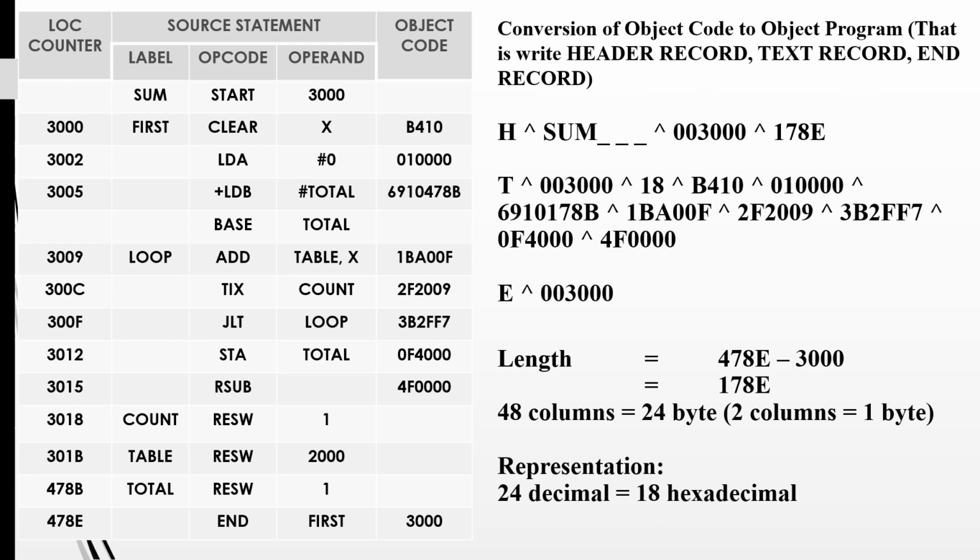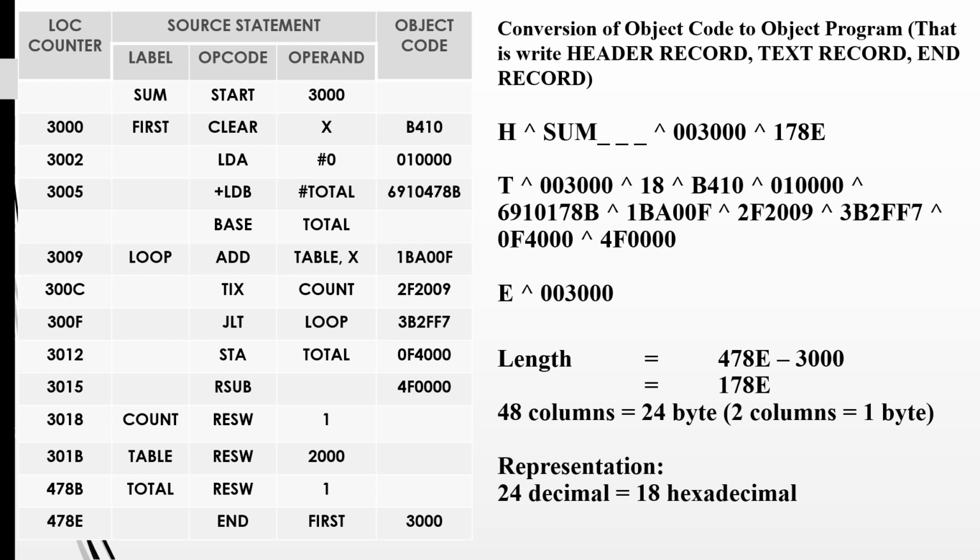After finding the object code, we will convert this object code into the object program. To convert this, we have 3 records, that is header record, text record and end record. First, we will take the header record. This header record has 19 columns. The first column contains H, that is header record, followed by 6 columns which contain the program name.